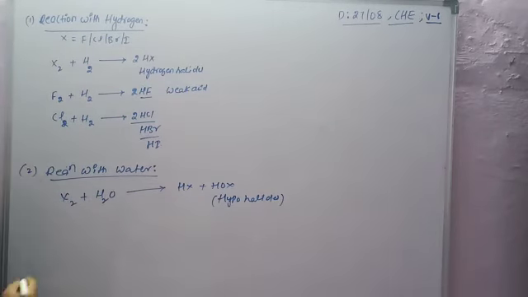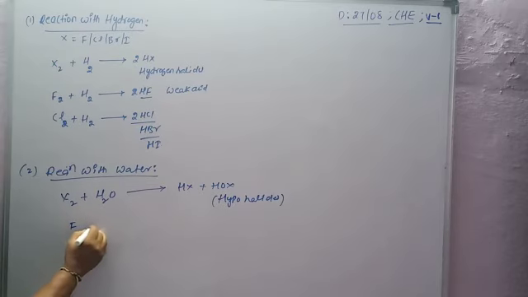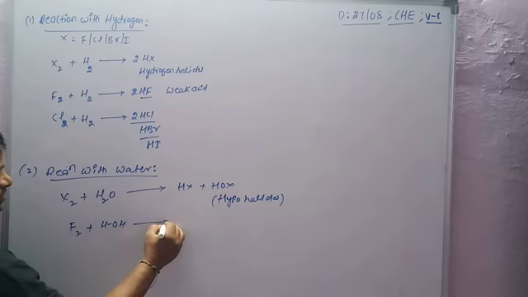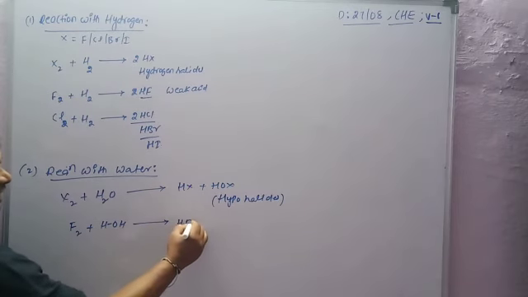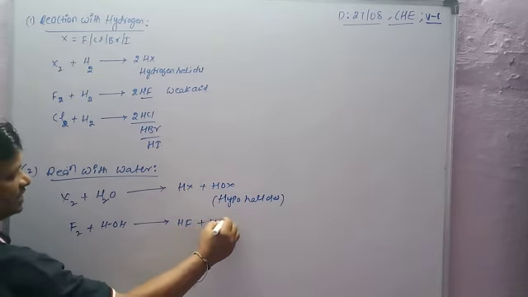For example, F2 plus HOH, that is H2O, gives HF, hydrogen fluoride, plus HOF.